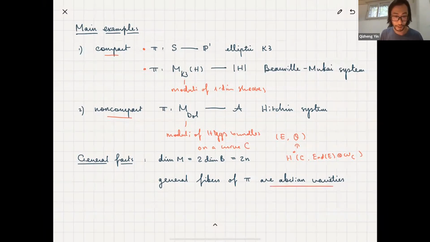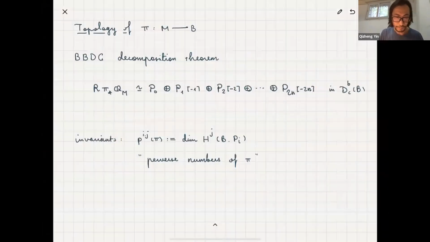Now, to talk about the topology of the fibration pi, we need a certain machinery to encode topological information. One way to encode enough information is to consider the derived push forward of, say, the constant sheaf of M.